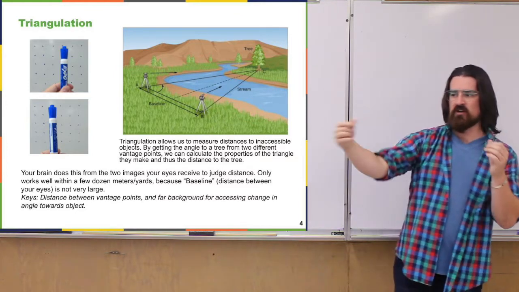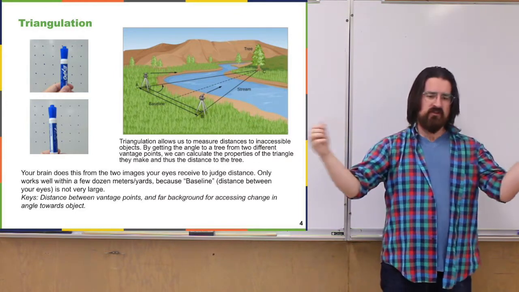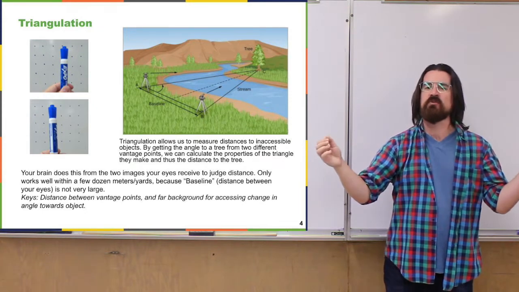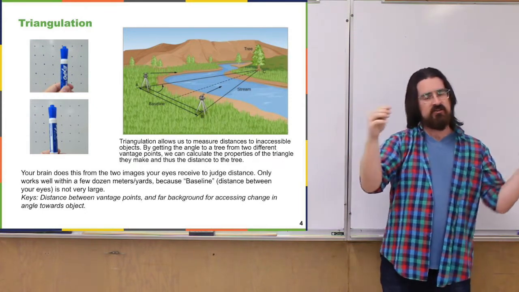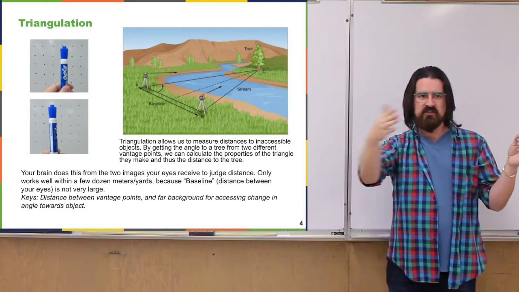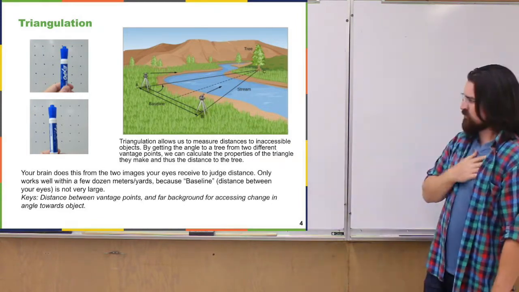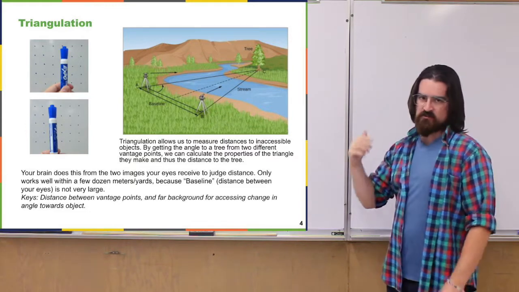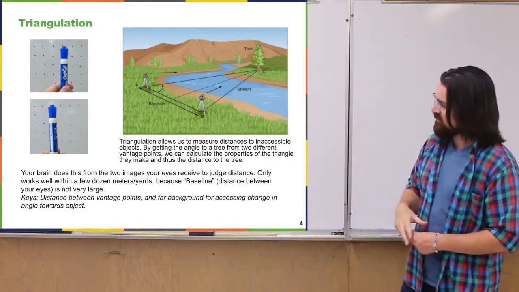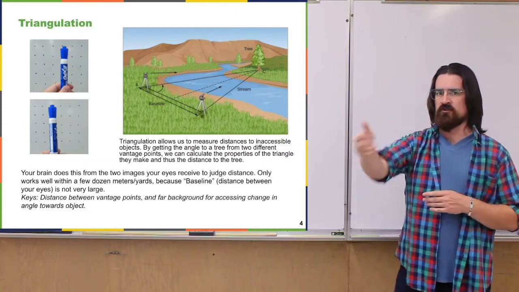But if you view it from way over here, two very spaced out vantage points, the baseline's really long, then you're going to see a noticeable difference in the angle, in the direction towards that object. So the distance between your vantage points is key in measuring further and further distances.